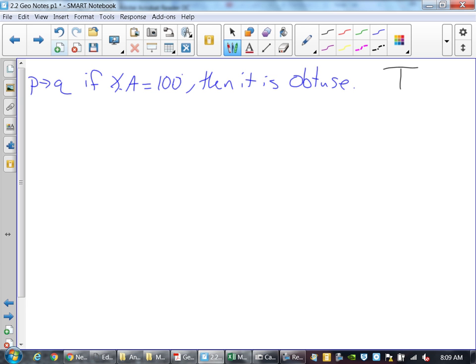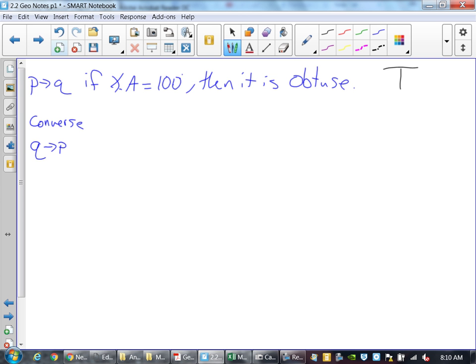The next one is our converse. Remember, the converse just flip-flops them. If I flip-flop that, what do I say?